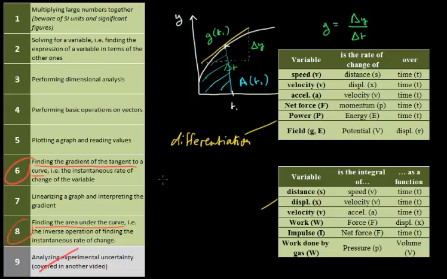And then these other examples are about integration. Here, these are the basics of differential and integral calculus. When we integrate, we're trying to find the area under the curve. For example, distance is the area under the speed-time curve, and so on. And you have a few other examples here.